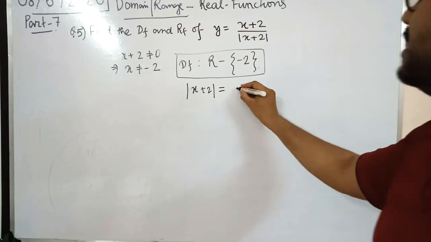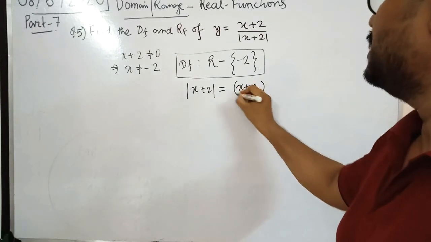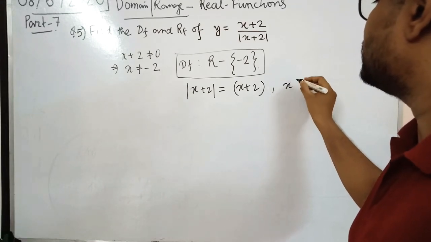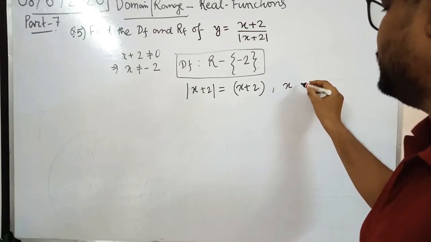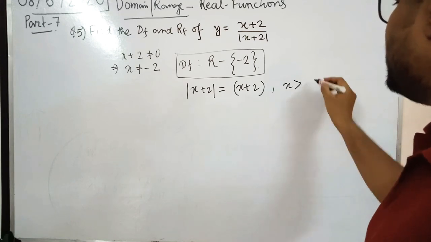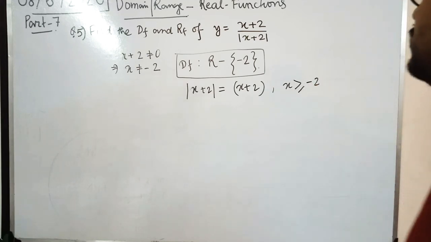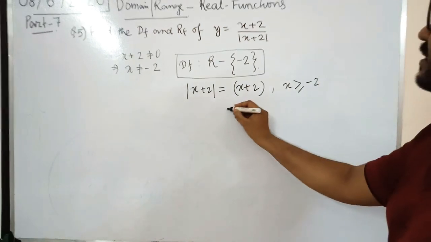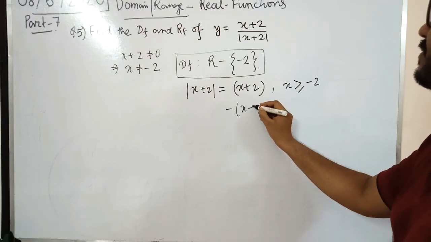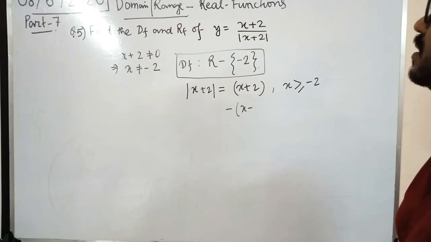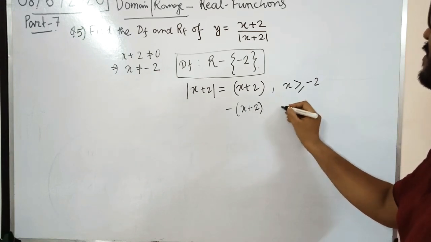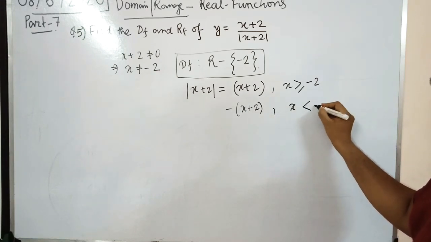Please revise the mod property, I have discussed it earlier also. It is x plus 2 if x is more than or equal to minus 2, and it will be minus of x plus 2 if x is less than minus 2.